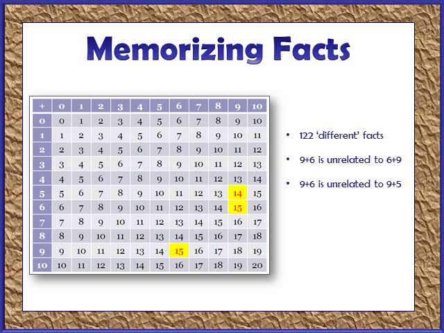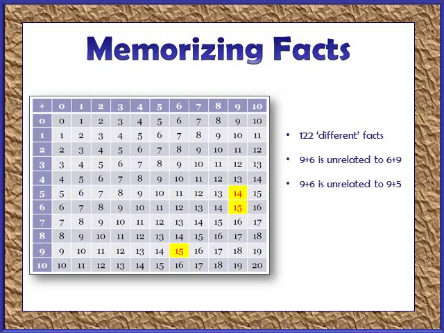One example I wanted to give that is not focused on developing fluency is memorizing facts. A lot of times we'll try to get students to just memorize facts and we equate that with fluency, but this really isn't fluency. When you're asking students to memorize facts, they end up having 121 different, isolated facts, adding numbers from 0 plus 0 up to 10 plus 10.